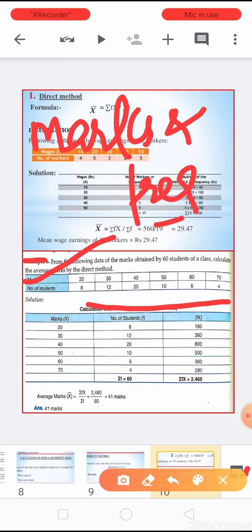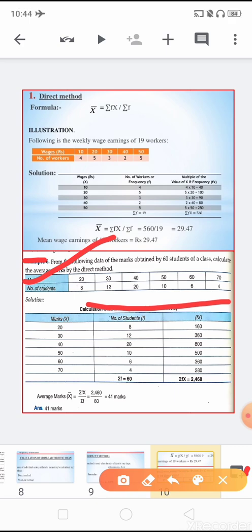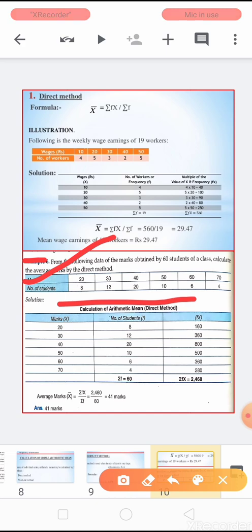We make a table showing this calculation by the direct method. The marks are represented with x: 20, 30, 40, 50, 60, 70, and the number of students is the frequency: 8, 12, 20, 10, 6, 4.